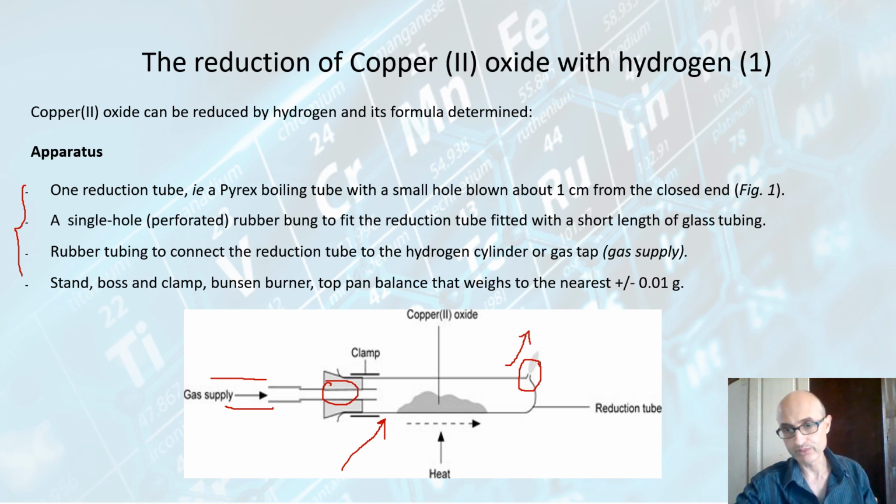So it's very important that the hydrogen gas which is entering the reduction tube is at reduced pressure. Typically it would be reduced to atmospheric pressure, to room temperature pressure.